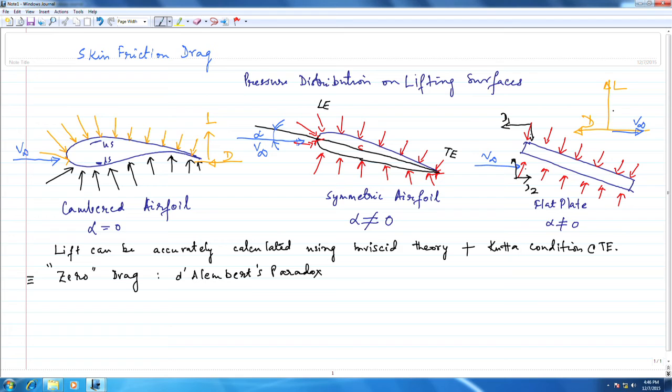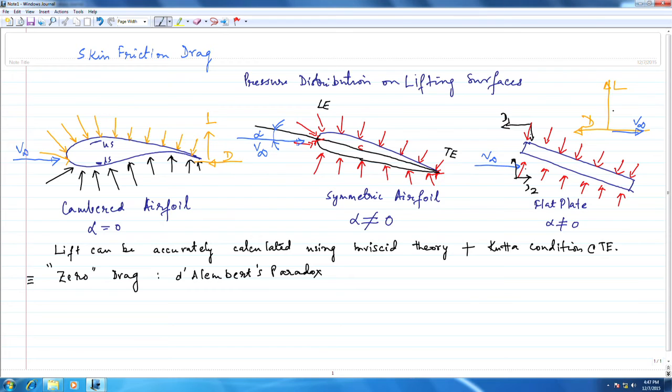However, this paradox immediately goes away if you use viscous theory, in the sense that you do not ignore the boundary layer and you do not ignore viscosity. If you take viscosity into account, this paradox is completely gone.